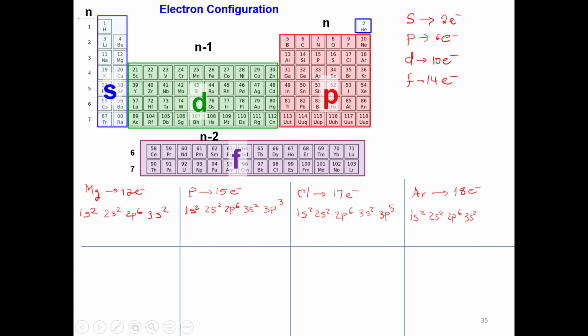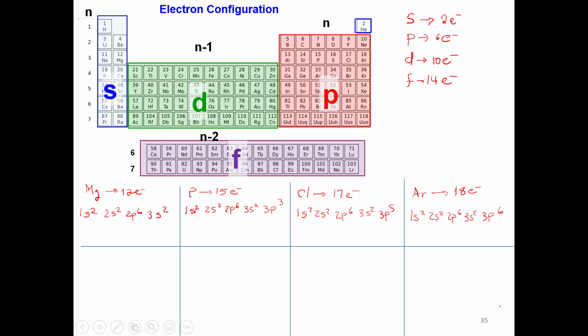Move to the right will be 3p, and we had to count 1, 2, 3, 4, 5, 6. And if we add the electrons, we should get 18 electrons. And this is the electron configuration for that element. Let's try a few more just to practice.